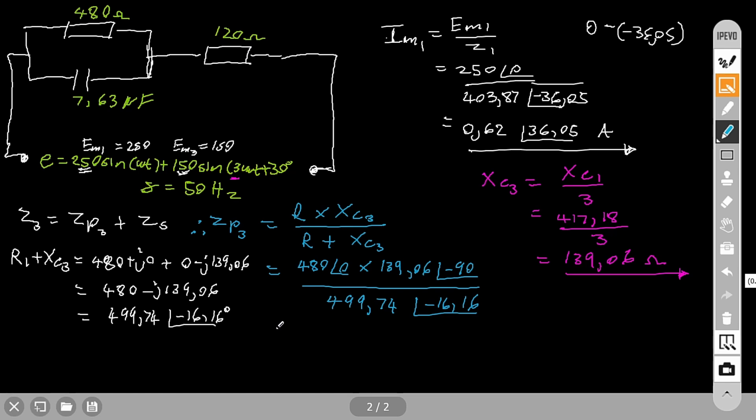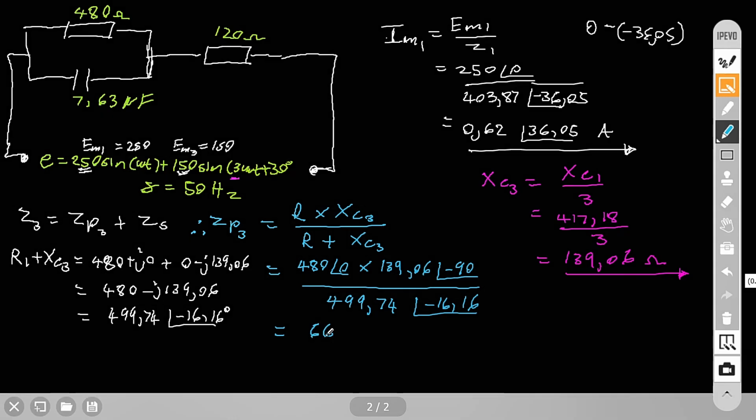So now you multiply these two. You add the angles, and you are going to get 66748.8 at angle negative 90, divided by 499.74 into the angle negative 16.16.